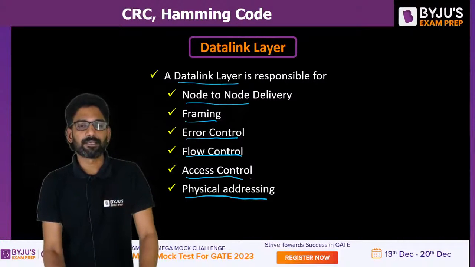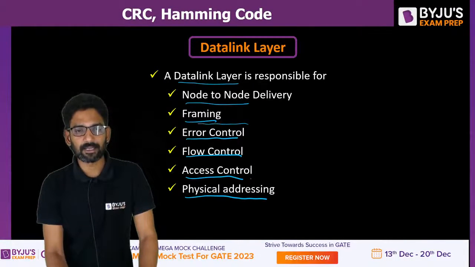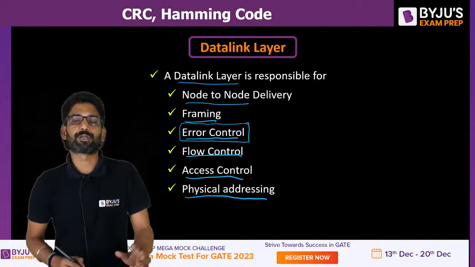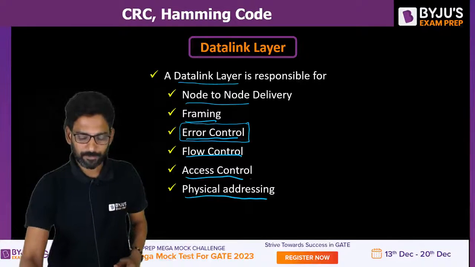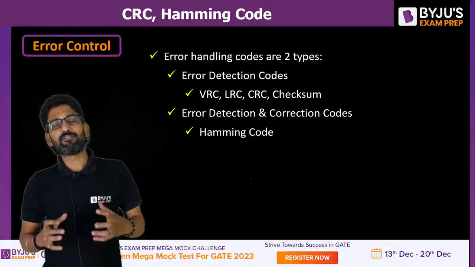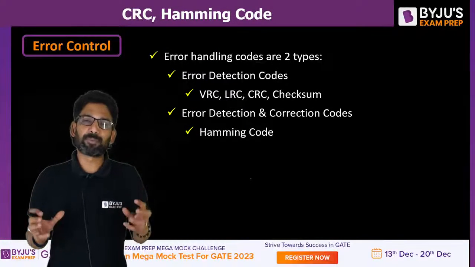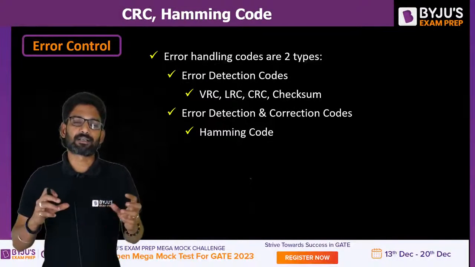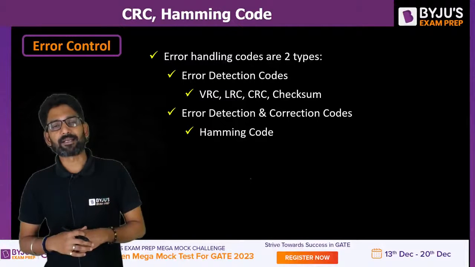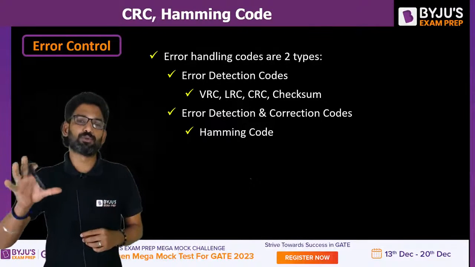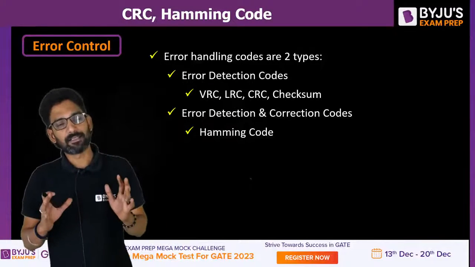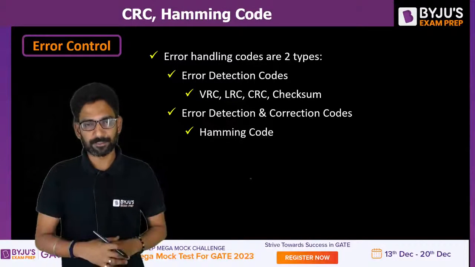Among these, let us pick the error control functionality for today, because our topic is related to this. When we say error, in a simpler sense, when the transmitted data or the transmitted packet is not the same as the received packet, then you can say error is present.